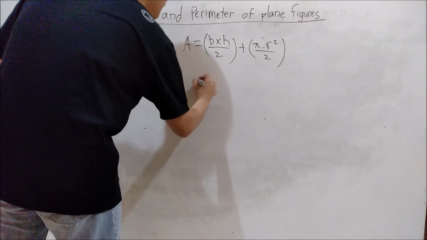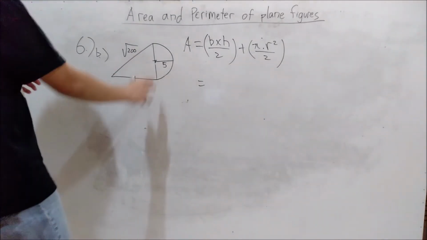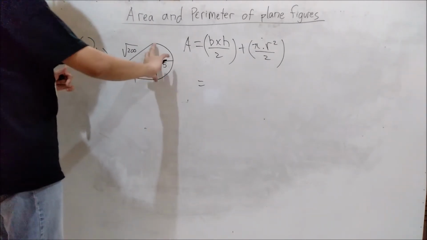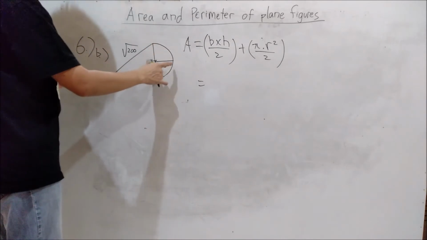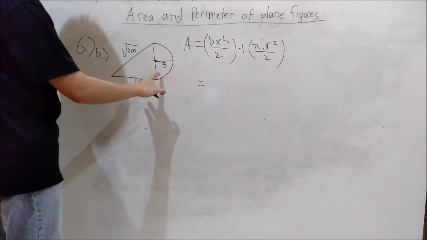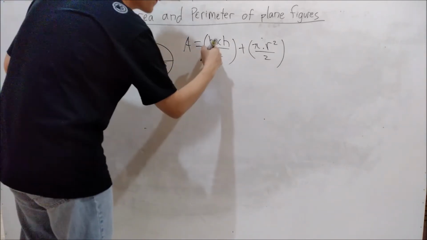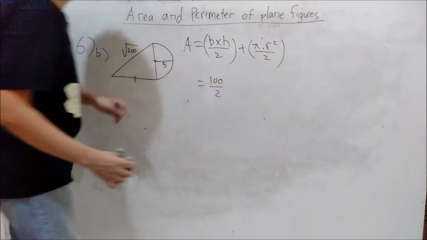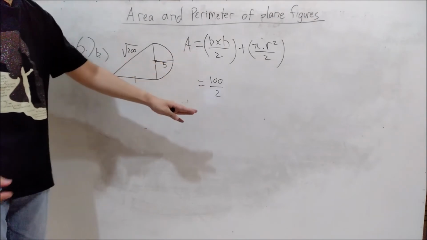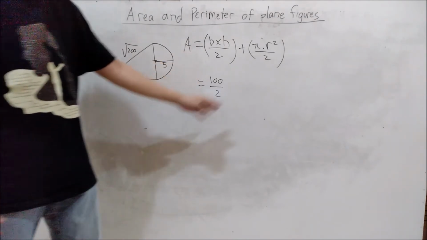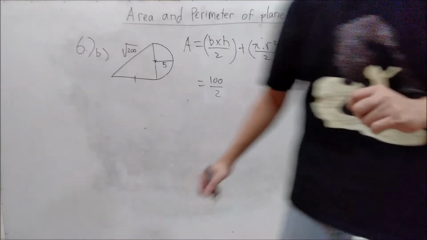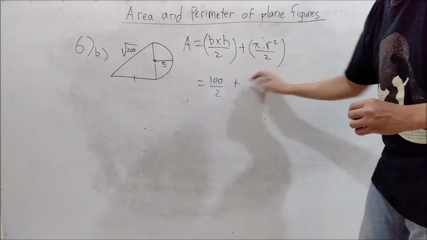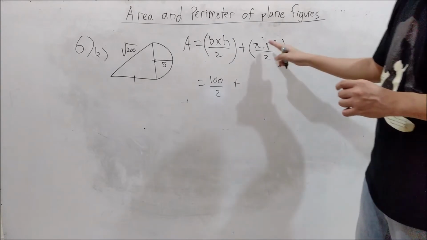So the area will be base times height. The base is 10 because the base is the same as the height, and the height is 10 since it is the same as the diameter of the semicircle. So we have 10 times 10, which is 100 divided by 2. I will not divide it. I know that we can divide it into 50, but I will leave it like that, maybe because I will need it to add with this fraction here.